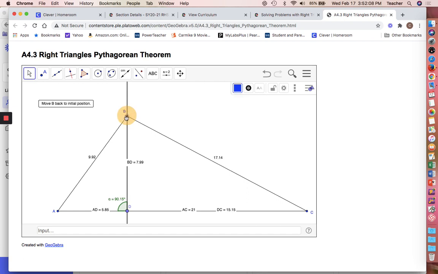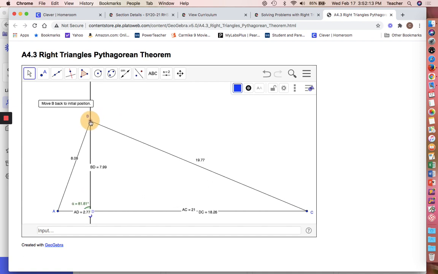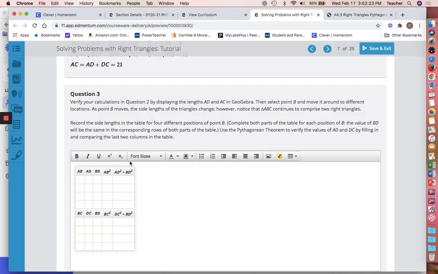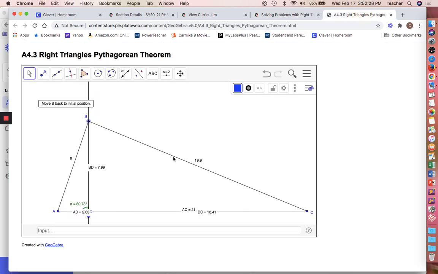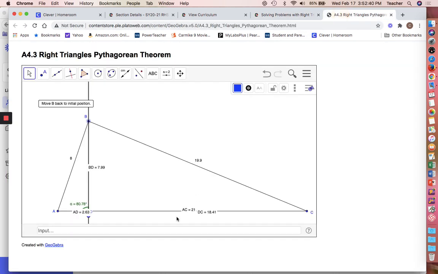Let's see. I'll make AB 8. So AB is 8. Let's see what AD is. AD is now 2.63. BD is still an 8.